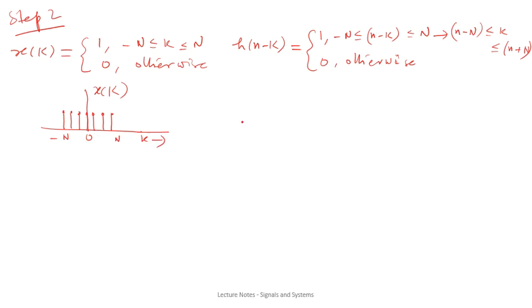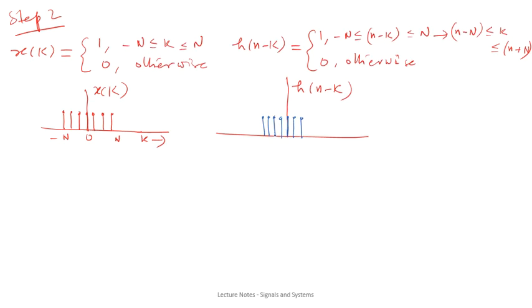Now in plotting h[n minus k], since there will be some shifting and time reversal operation, obviously the waveform will change.